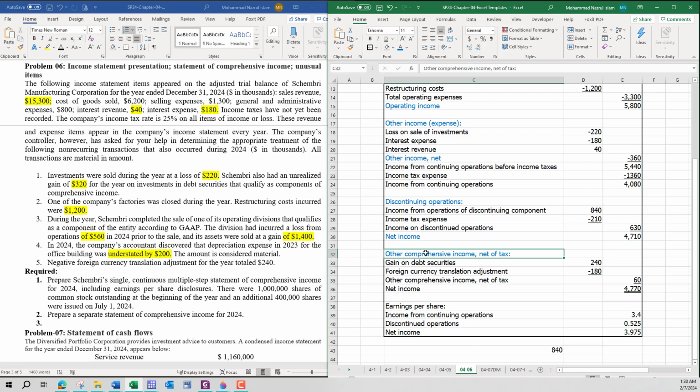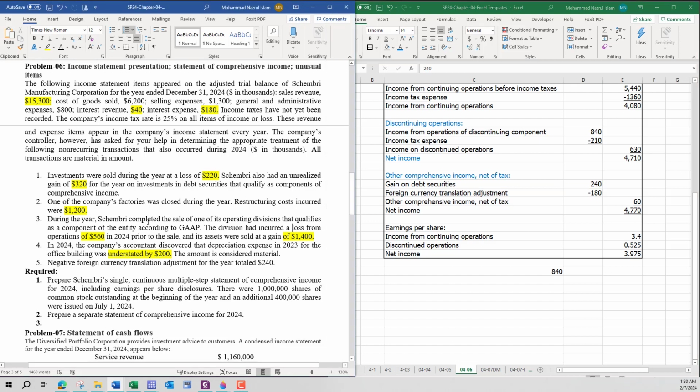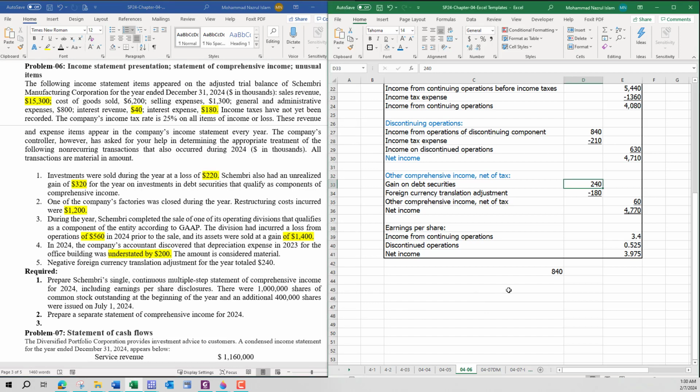Next is the other comprehensive income, net of tax. Net of tax means the gain on debt securities: we had a gain of 320, and multiplied by 0.75 it gives 240.